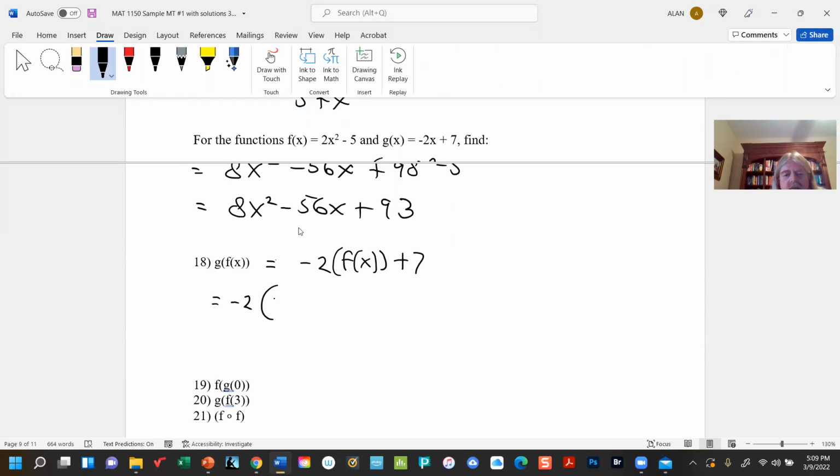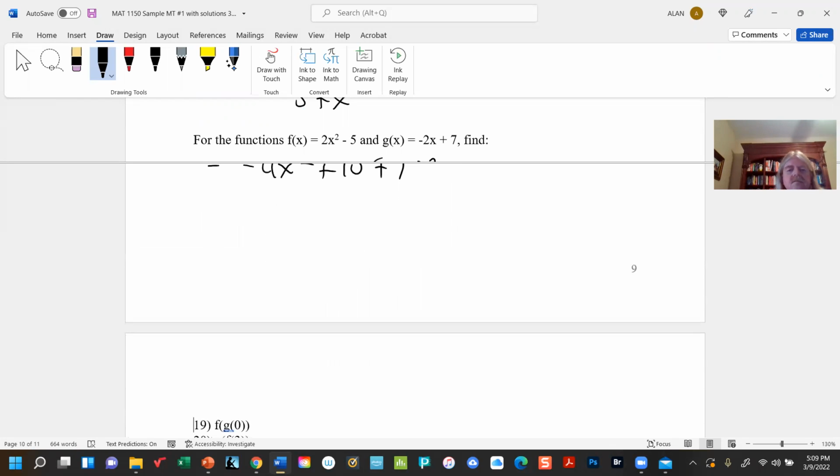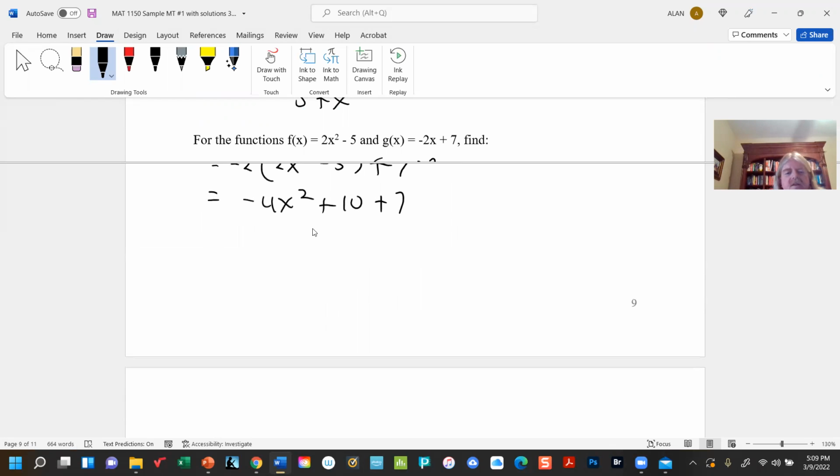So inside parentheses, we have f of x, which is 2x squared minus 5, plus 7 minus 4x squared plus 10 plus 7. And we ultimately end up with minus 4x squared plus 17.